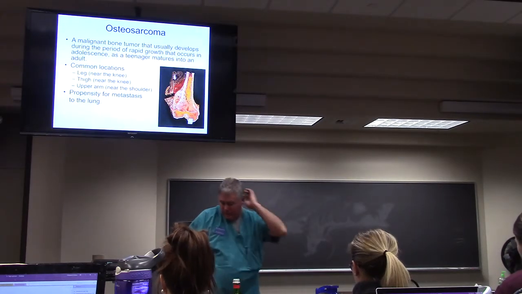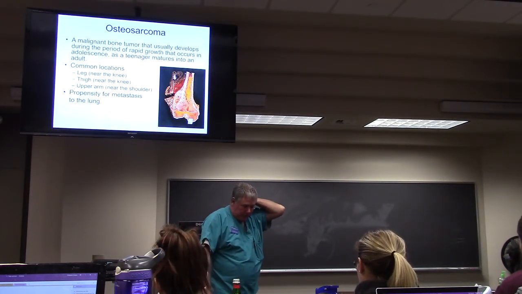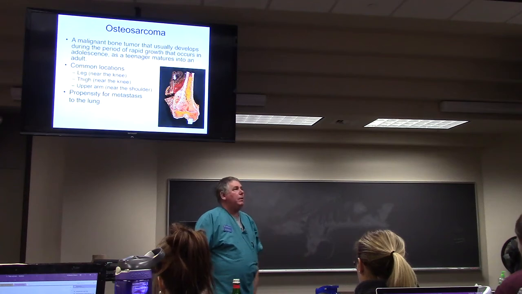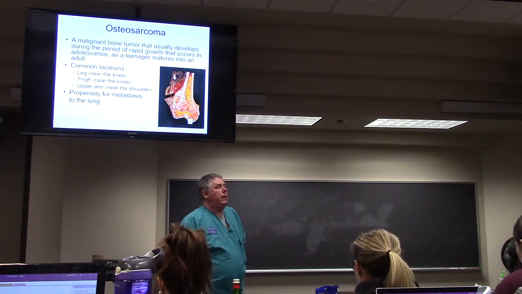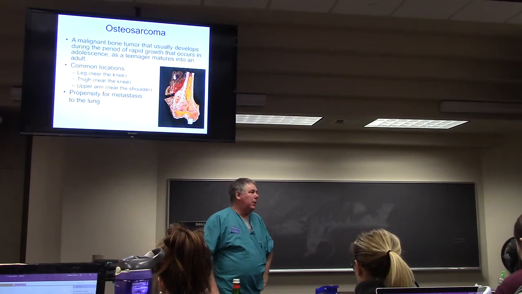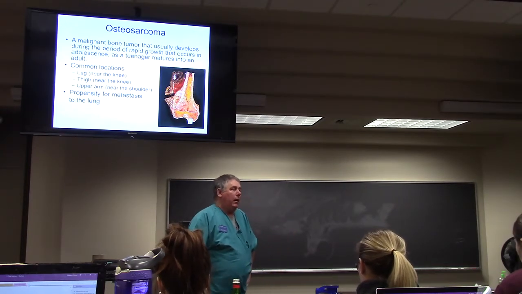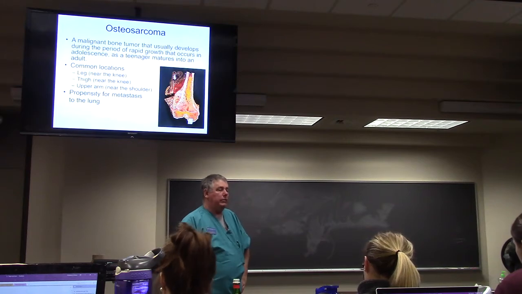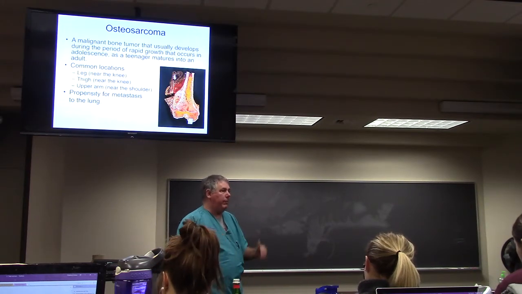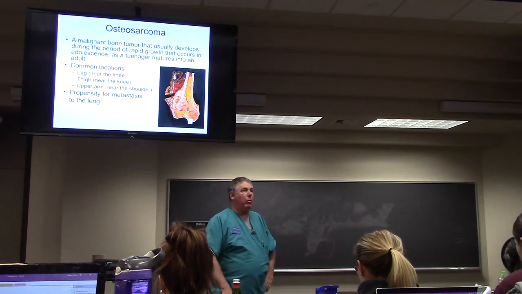Osteosarcoma is a wicked malignancy. It usually hits teenagers during their period of rapid bone growth. It's an osteoid tumor, made up of bone cells, mutated bone cells.